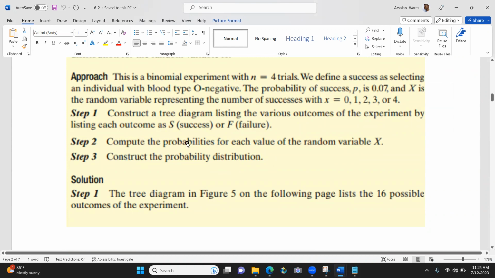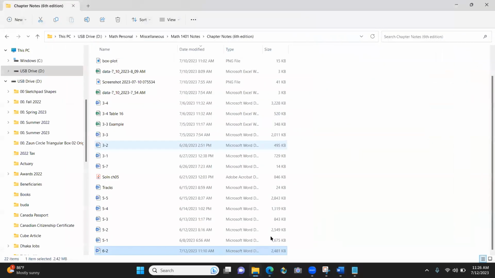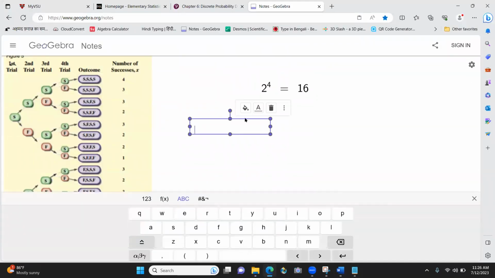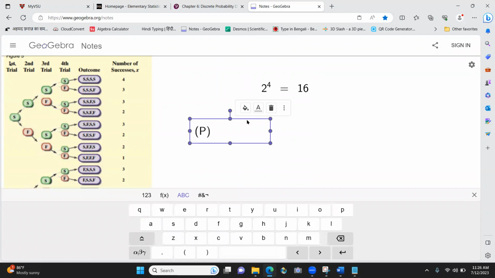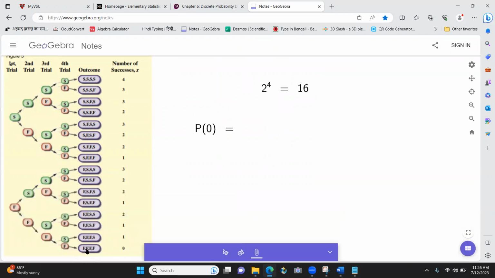Okay, so we did the tree diagram. Compute the probabilities for each value of the random variable X. The random variable X has values 0, 1, 2, 3, 4. So let's do it. The probability that none of those people will have O negative: there's only one way, fail, fail, fail, fail.